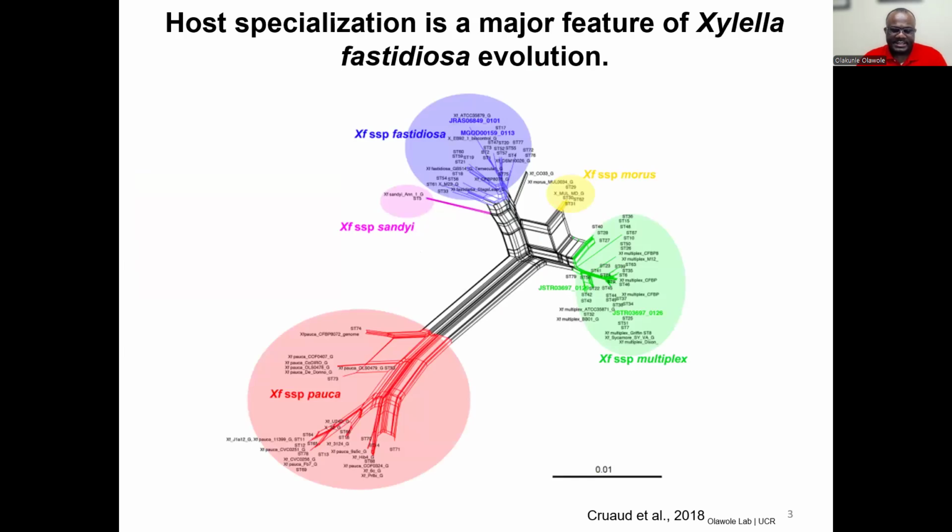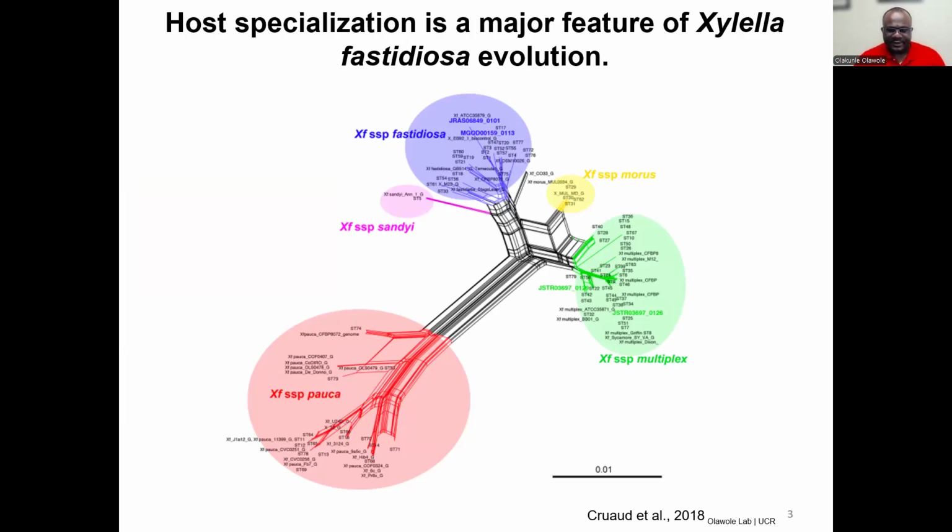This phylogenetic network shows that host specialization has been a major driver of Xylella fastidiosa evolution, resulting in the emergence of several genetically distinct subspecies.